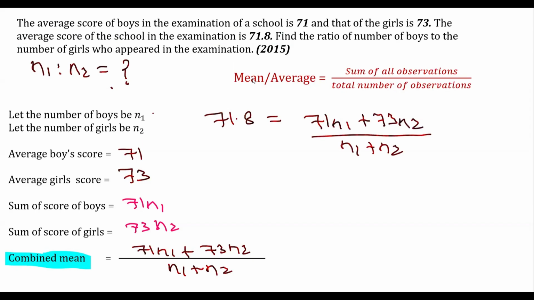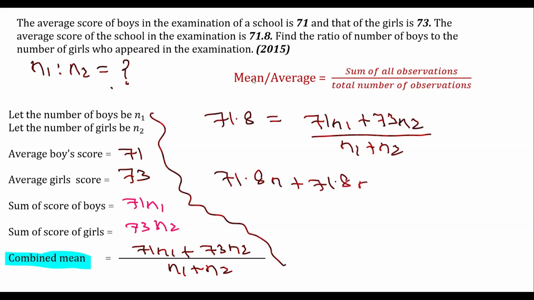Now we are going to do cross multiplication. So that is 71.8 times n1 plus 71.8 times n2 is equal to 71 n1 plus 73 n2. Next, I'm going to keep like terms together.